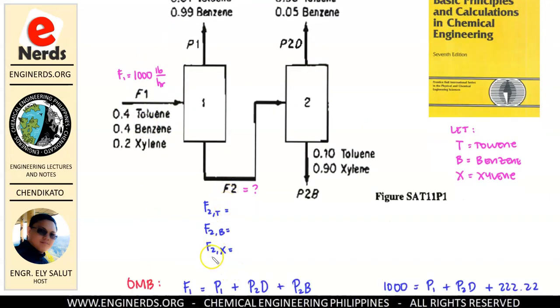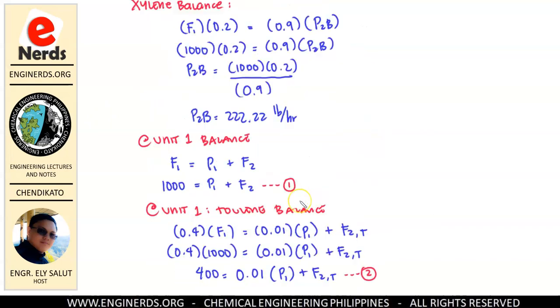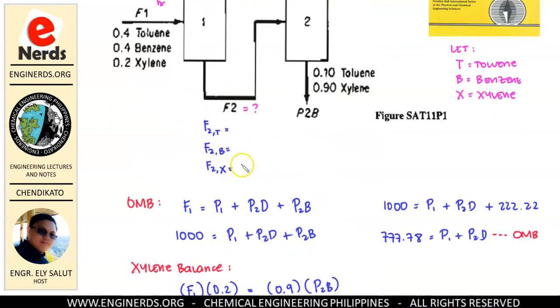So that will be equal to F2X, the amount of xylene in our F2 stream. Therefore, our amount of xylene in our F2 is equal to 0.2 times 1,000, which is 200 pounds per hour.